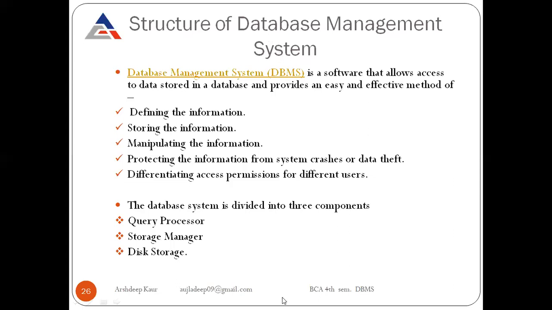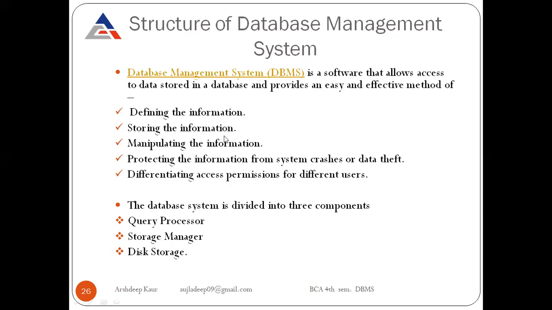The next is the structure of the database management system. So the database management system, that is known as DBMS, is the software that allows access to the data stored in the database and provides an easy and effective method of managing it. So DBMS is the system that we use to manage the database, and it provides some easy and effective methods so that we can define the information by using the database management system.